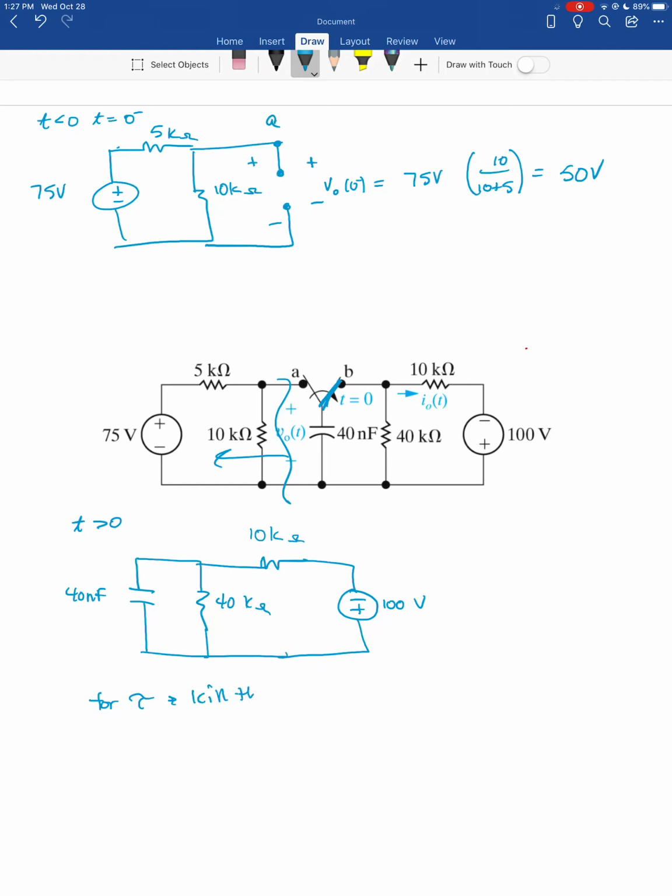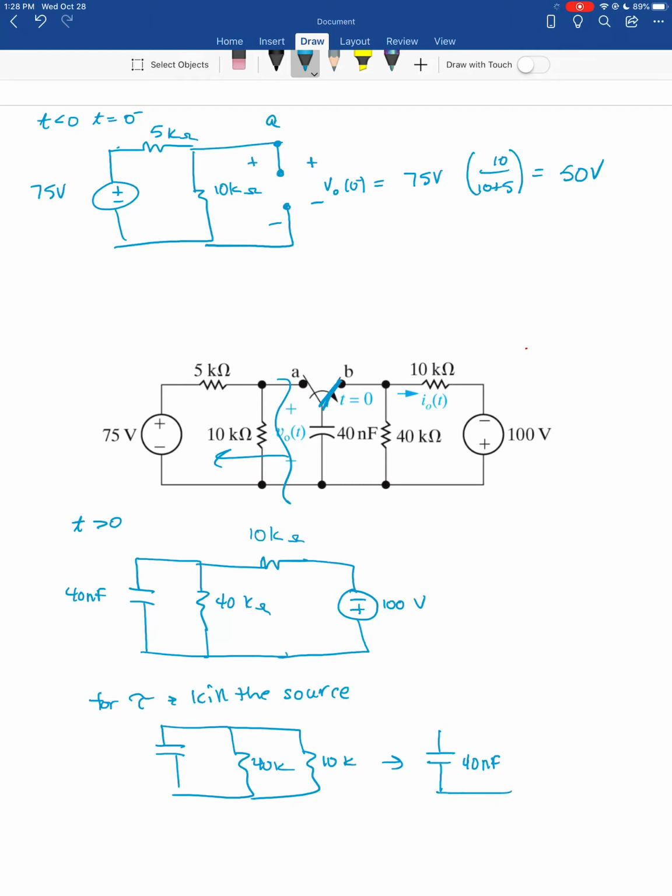To evaluate tau, we kill the source, which means we replace it with a short. Then the capacitor and the two resistors appear in parallel, so we can combine the 40 and the 10 in parallel.